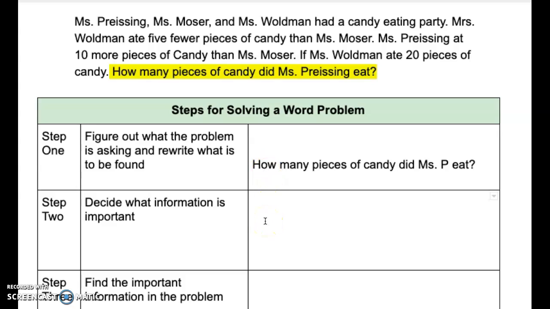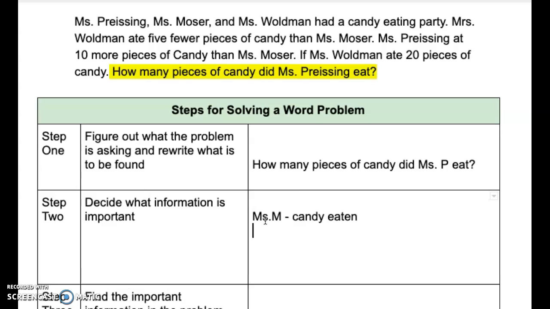So what is important? Well, we don't know how much candy I ate. So I think it's how much candy, and I'm going to call her Miss M for Miss Moser. So Miss Moser's candy eaten. And then I'm going to put Mrs. Woldman's candy that was eaten. How much they ate was important.